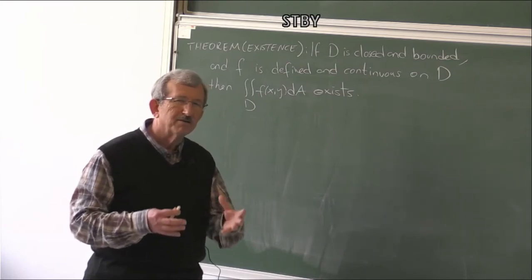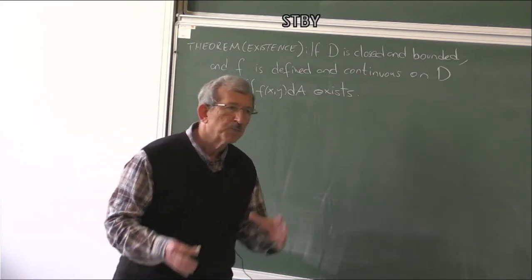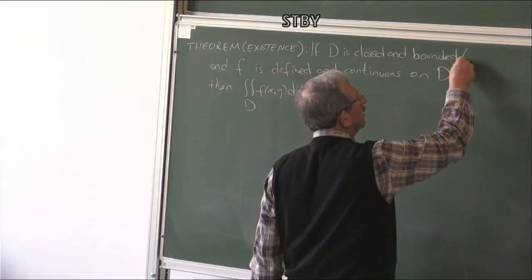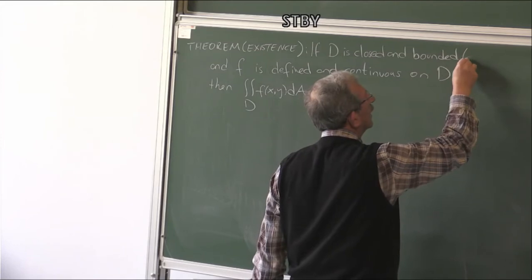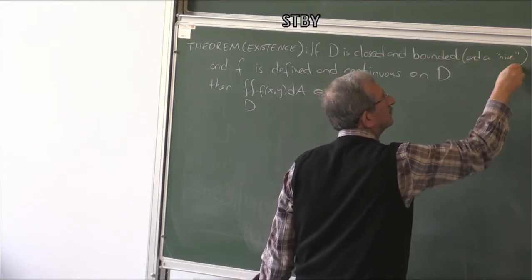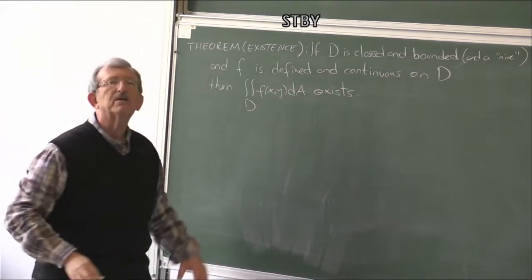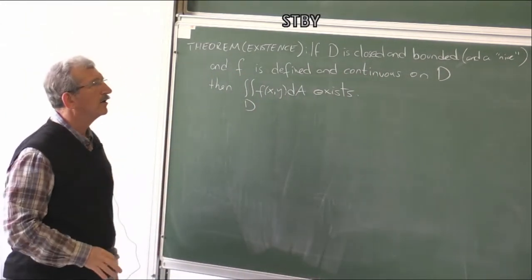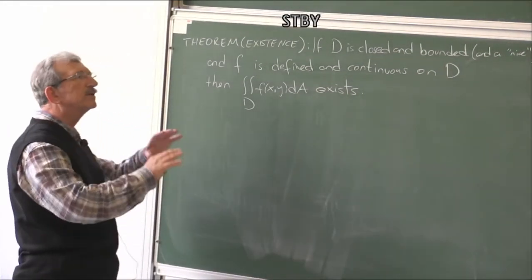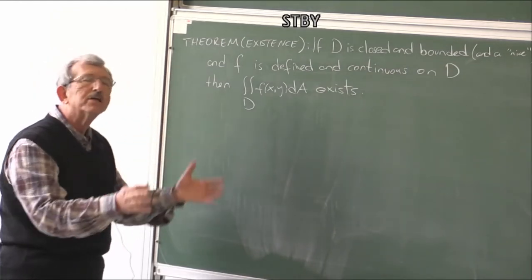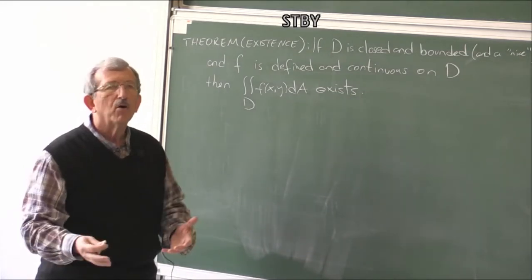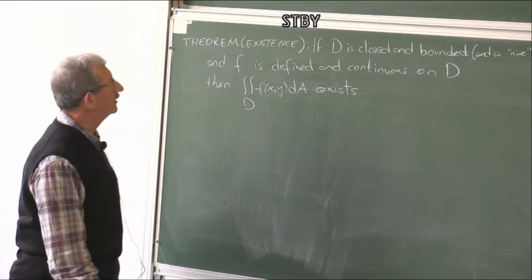You need some kind of regularity, which I will not go into. Maybe I should just say a nice set. What I mean by that will not be clear now. It is beyond our scope, but closed and bounded regular sets like circles and rectangles or half circles, all of them will be all right in this setting.